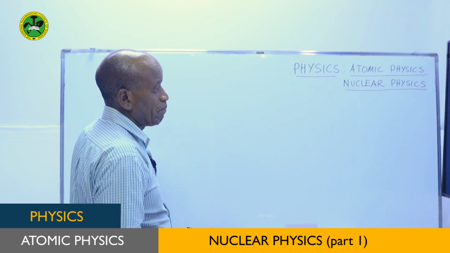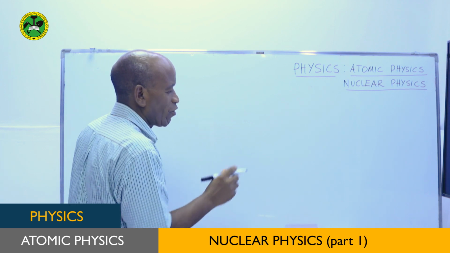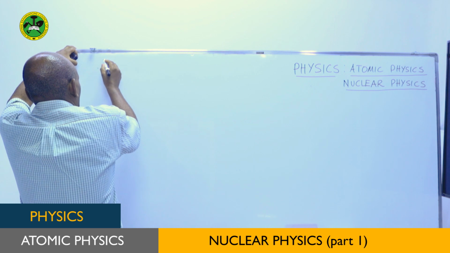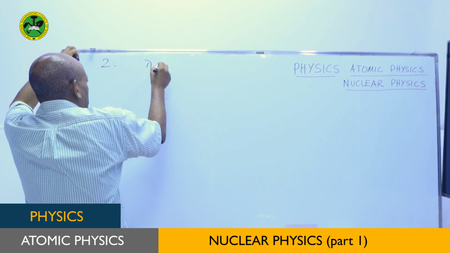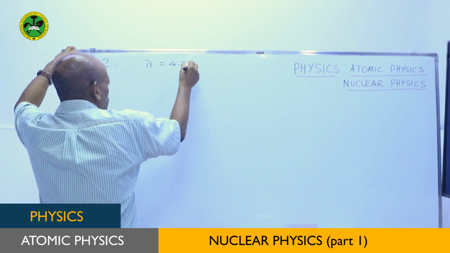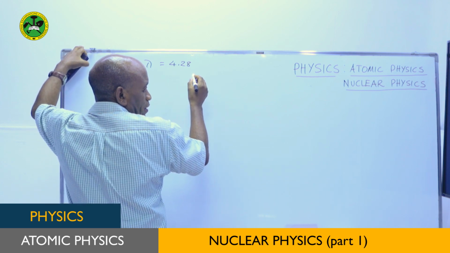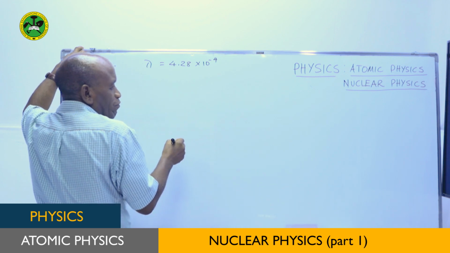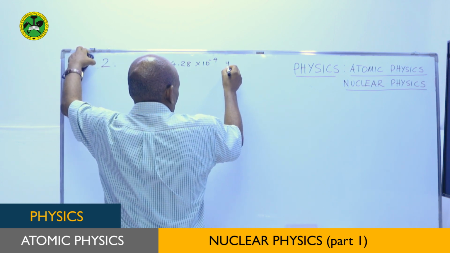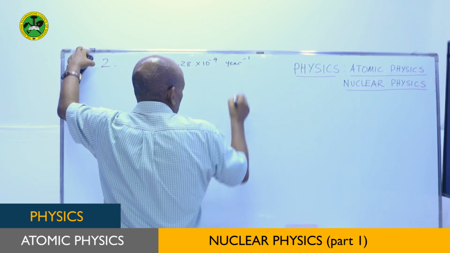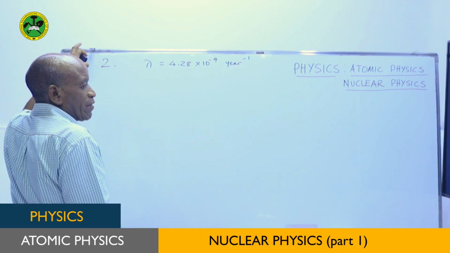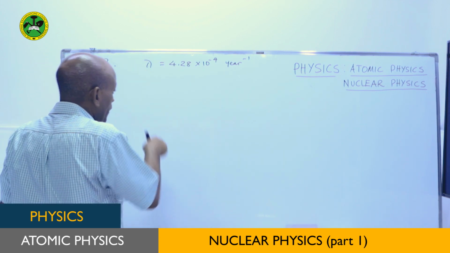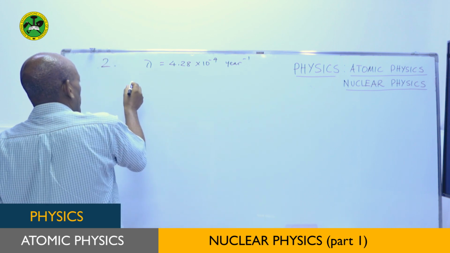The radioactive sample of radium has a decay constant which is given as 4.28 times 10 power negative 4 per year. We need to find the half-life of the radium.